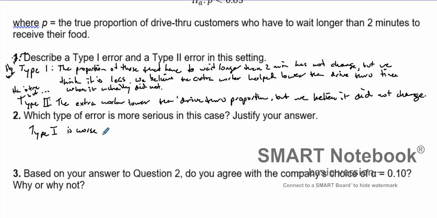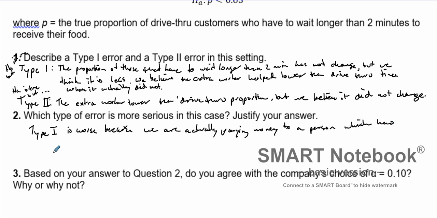And the reason why type 1 error is worse is because we are actually paying money to a person who has not helped lower the proportion of drive-through times.